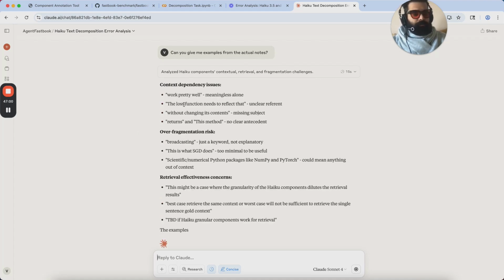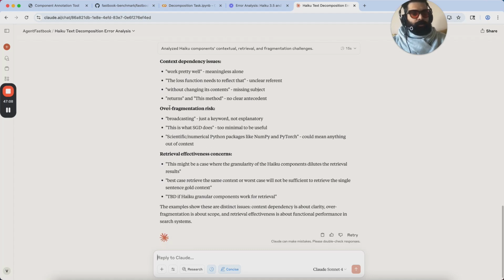Works pretty well. Unclear referent, missing subject, no clear antecedent. Context dependency issues. Over-fragmentation, broadcasting, just a keyword. This is what SGD does, too minimal to be useful. Could mean anything out of context. Oh, I see. So it seems like, all right, let me read the rest. This might be a case for the granularity of Haiku components diluting the retrieval results. Best case, TBD.